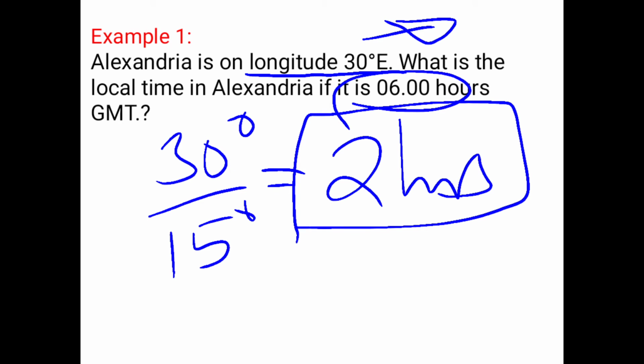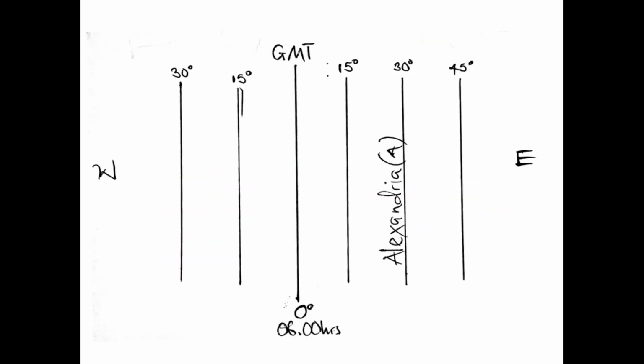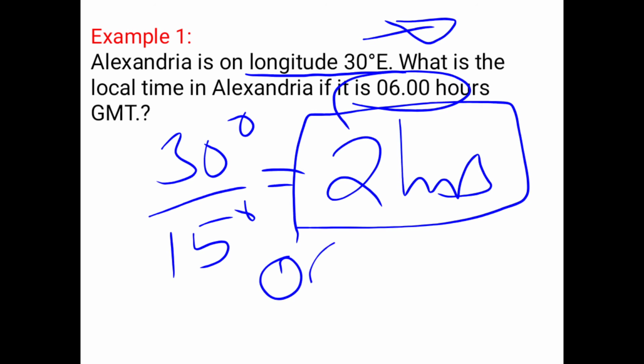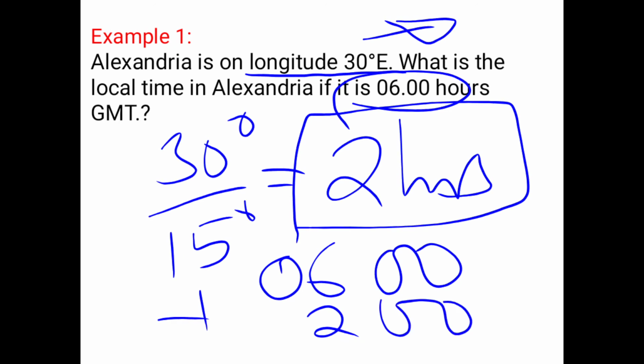So basically, we will now simply say, what is 06 hours plus 2 hours? So that is simply going to be 8 hours. Okay? 8 hours. Because of space, I'll just write that.